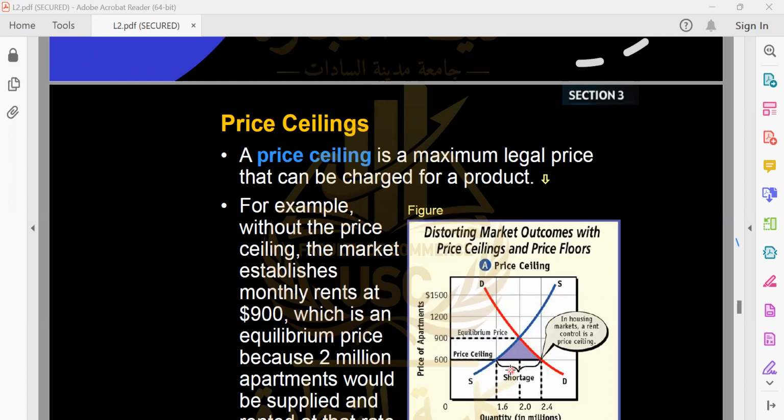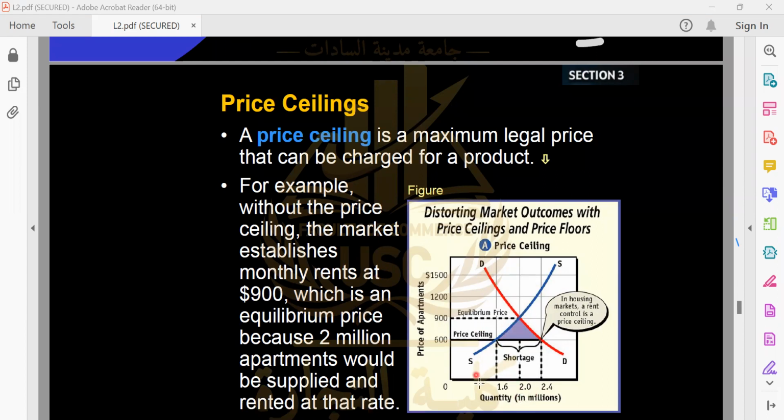So here, when you put a price ceiling of 600, house owners decrease their quantity from 2 million to 1.6 million because we have an ownership. We have an apartment. This apartment needs to have decoration, we need to fix it.